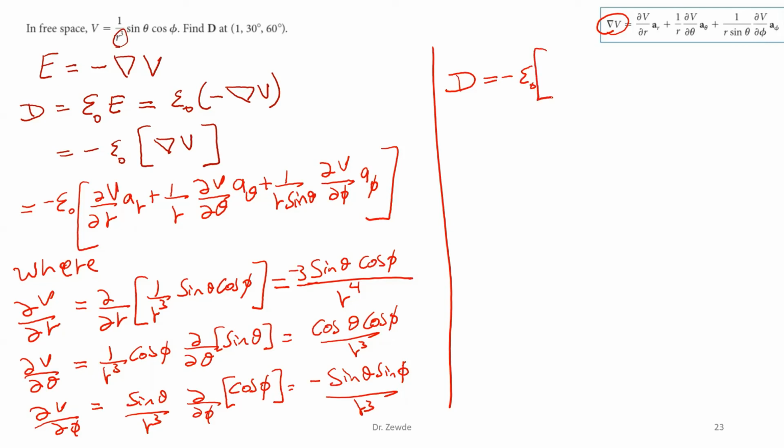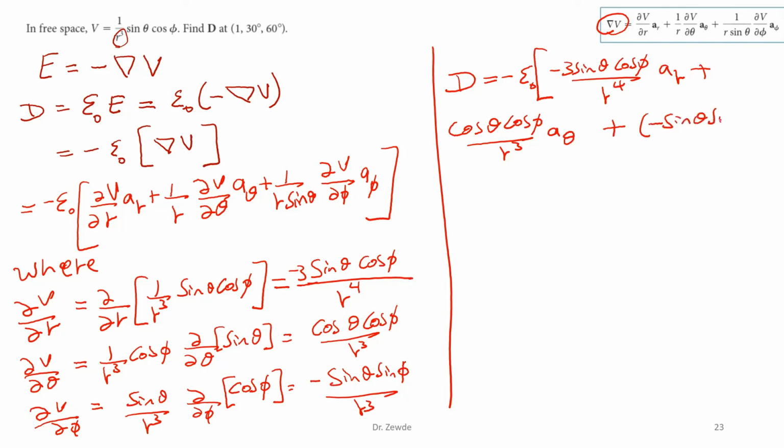The gradient is minus 3 sine theta cos phi over R^4 along the a_R direction, plus cos phi over R cubed along the a_theta, plus minus sine phi over R cubed, and it is along the a_phi direction.